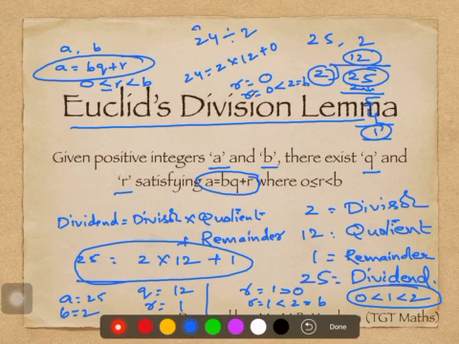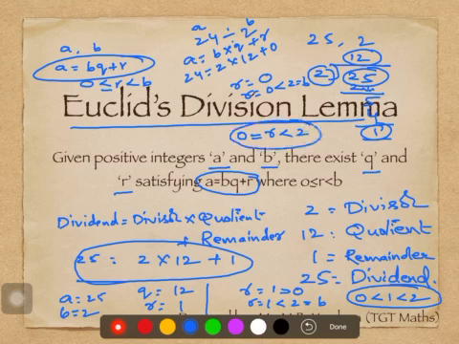With a as 24 and b as 2, a equals bq plus r, r equals 0 and is less than b. That means 0 is equal to r, which is less than 2. Here also the condition is satisfied.